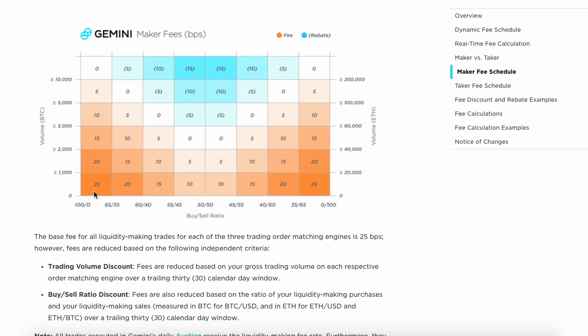But if you are a day trader like me, then actually you could eventually get to the 50-50 buy-sell ratio, where, for example, let's say in the past 30 days, I've made 10 different trades, 5 of them I've bought, and then 5 of them I've sold. As I enter the market and exit the market in the same day, I get the best fee possible for my volume structure.